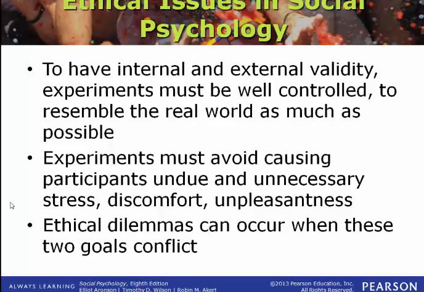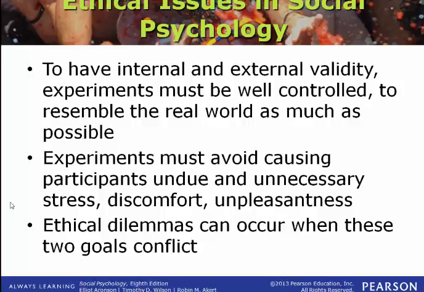All right, to have internal and external validity, experiments need to be well controlled and resemble the real world as much as possible. That's hard enough already, right? We just said that it is very difficult to have internal and external validity at the same time. But as if that's not enough, we also have to make sure that we're not causing our participants any undue or unnecessary stress, discomfort, or unpleasantness.